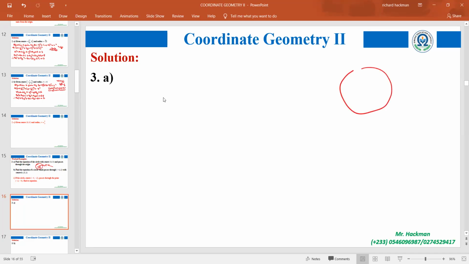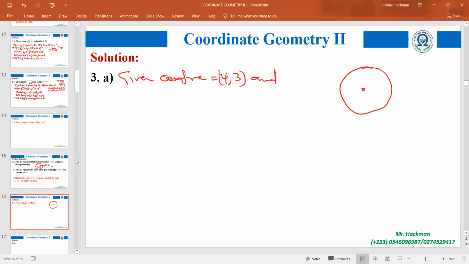So I have my circle. The center is given, and the center is given as what? So I'm extracting the information. Center. What was the center? Is it 4, 3? Very good. So center is equal to 4, 3. It's a point.